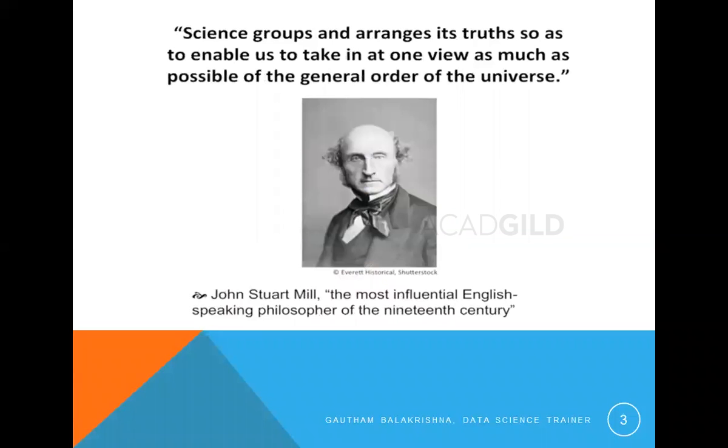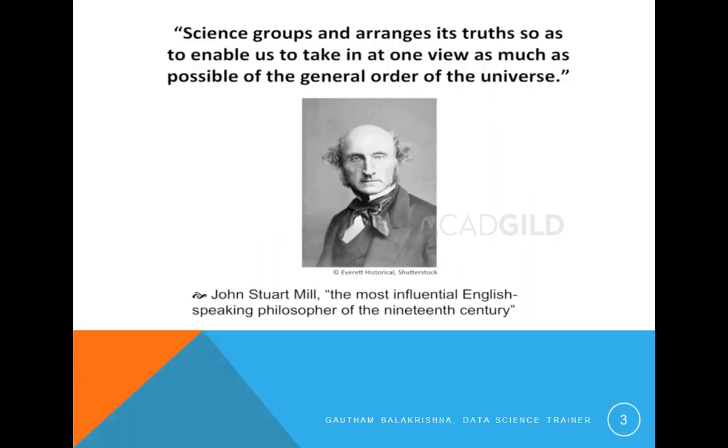Similarly, John Stuart Mill, he is not from a data science background. He's an English philosopher. So basically, he says that science groups and arranges its truths so as to enable us to take in at one view as much as possible of the general order of the universe.